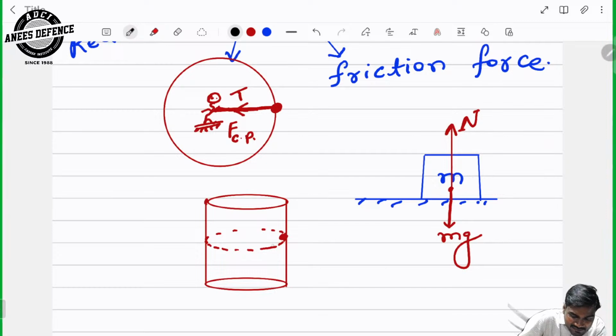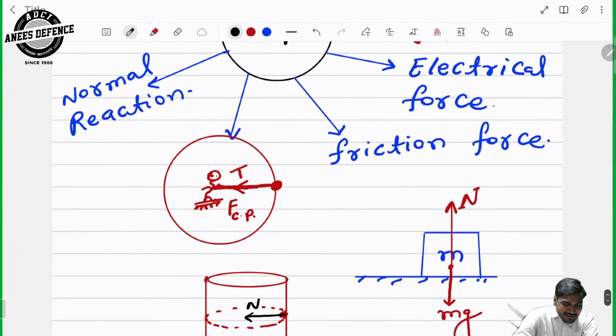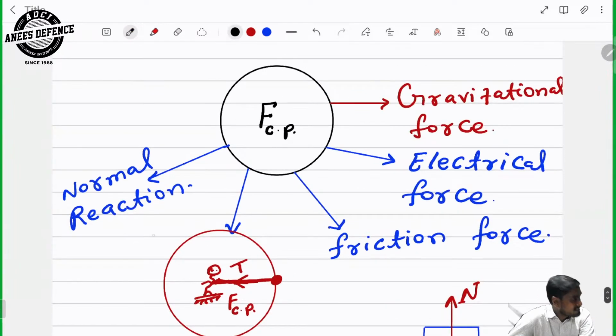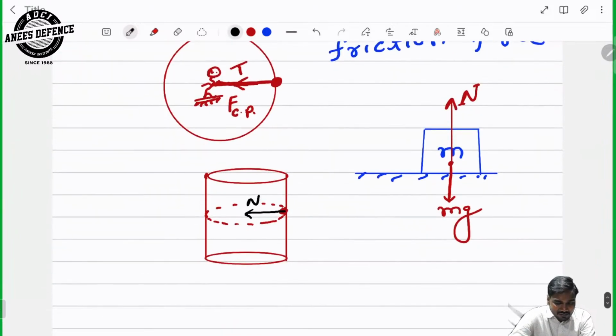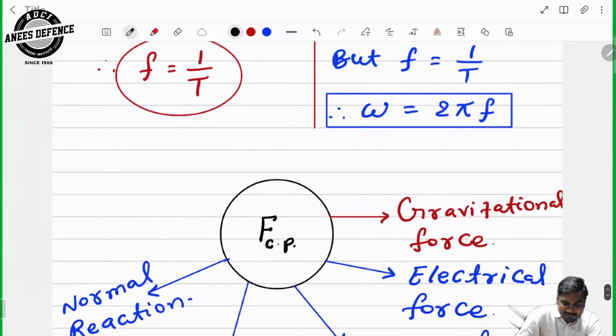So towards the center, normal reaction acts, and this normal reaction is nothing but centripetal force. That's why I am saying centripetal force may be normal reaction. Yes or no? Yes. Now you can ask who will balance this centripetal force? The container will balance. A force will act in outward direction also. Mg will act in downward direction, so that mg will also be balanced by some force. We will learn later on.